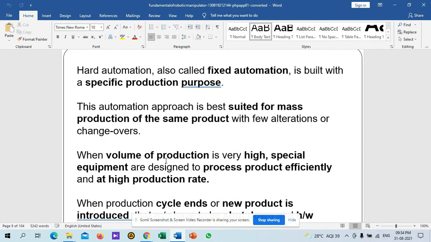One is high initial investment, and another is that fixed automation is used when the volume of production is very high, right? Examples are mechanical assembly and mechanical transfer lines. These work under the application of fixed automation, right?